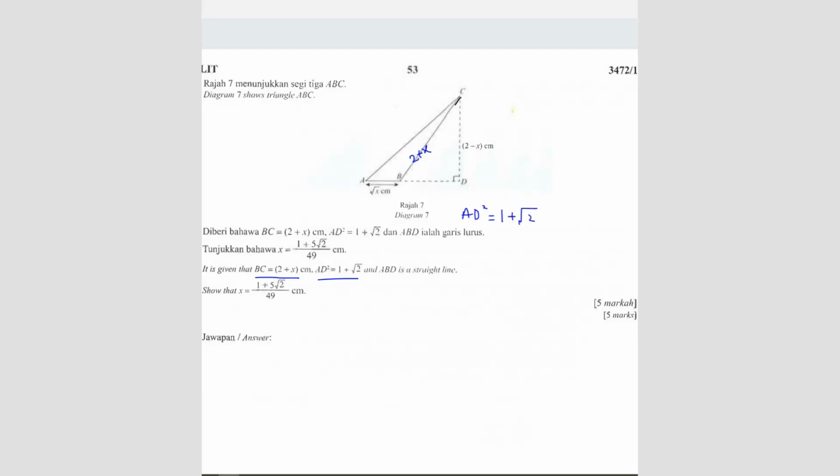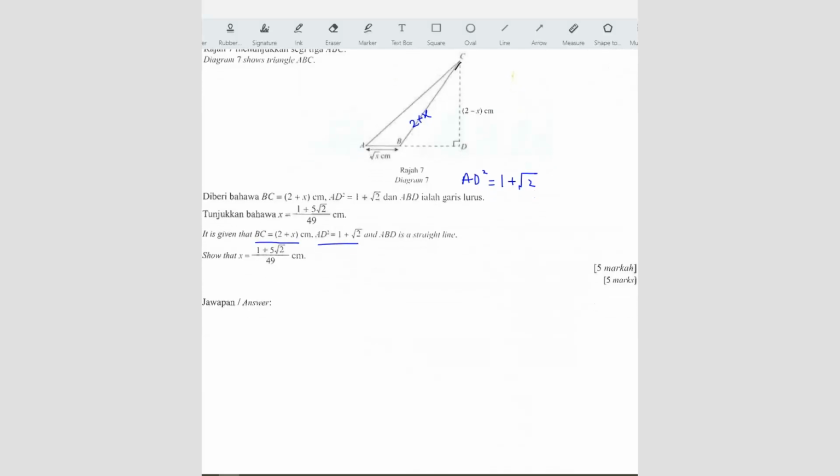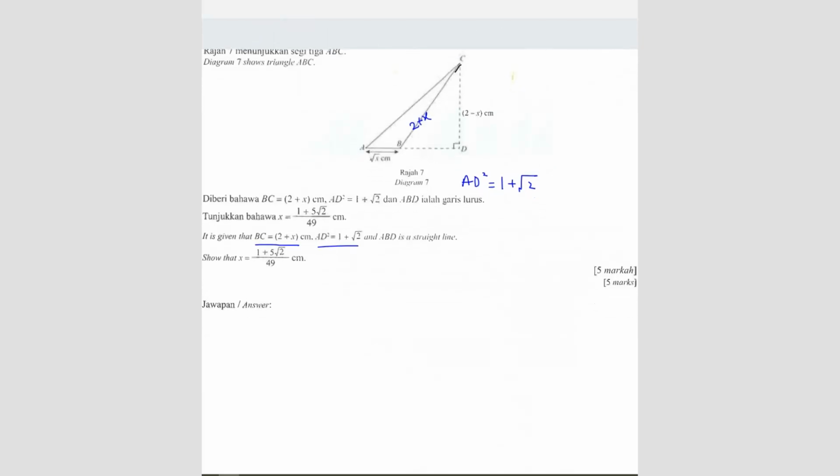So instead of finding BD using this, I'm going to use the Pythagoras theorem here with these two values to find the BD, and then when I combine BD and AB here, I square it and then compare with this, so that it becomes much easier. I hope you all understand what I'm saying. If you don't understand, just see what I'm doing here. So now, first step we want to find is BD.